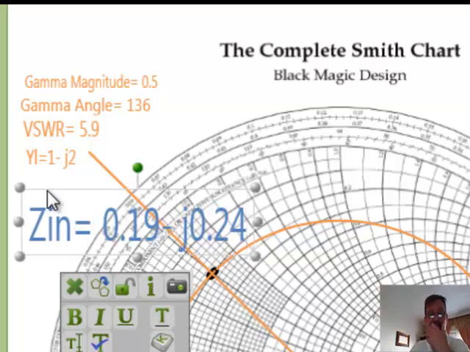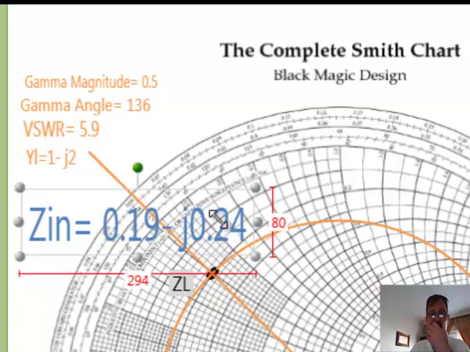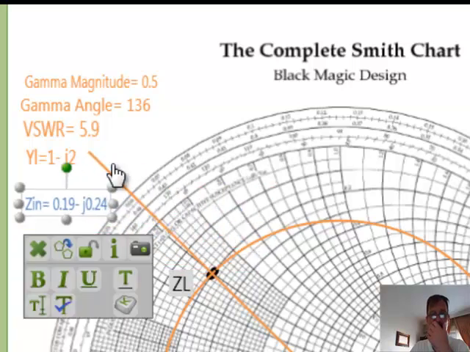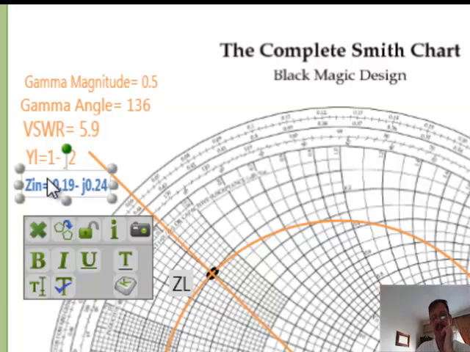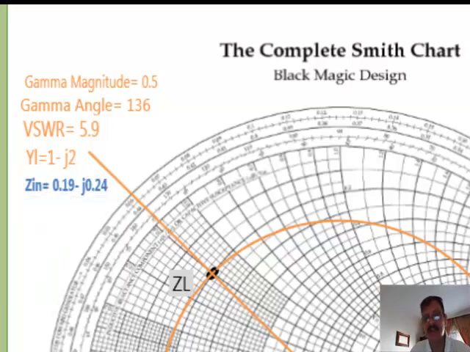So that's the value of the normalized impedance. We have to multiply by 50 to obtain the value of the impedance, and that is the question finished. Thank you very much.